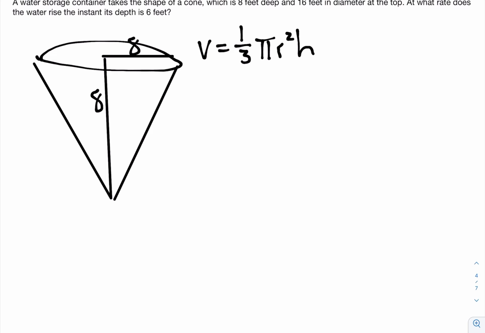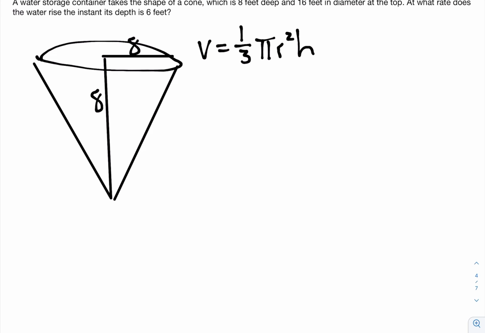Okay, so the volume, what's the radius going to be here? Because on the right side, we have things in terms of r and h. So if we know that the h is 8, and we know that the r is 8 as well, right? Because we know the height is 8 feet, and we know that the radius is 8 feet.